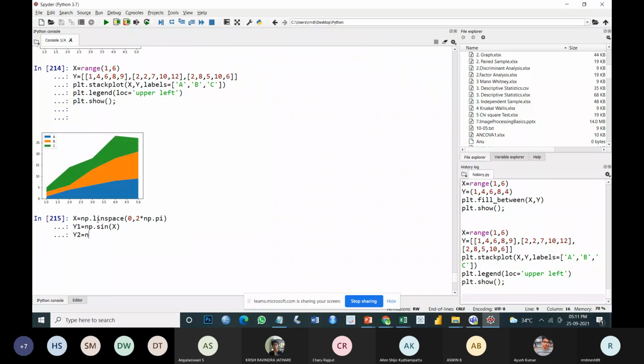Then y2 equal to 0.01 times np.cos of x. plt.figure. plt.plot of x comma y1, x comma y2. plt.legend of y1, y2. Then plt.show.